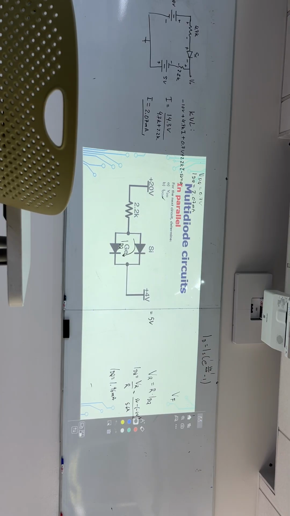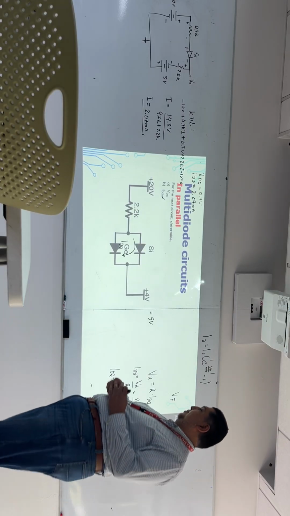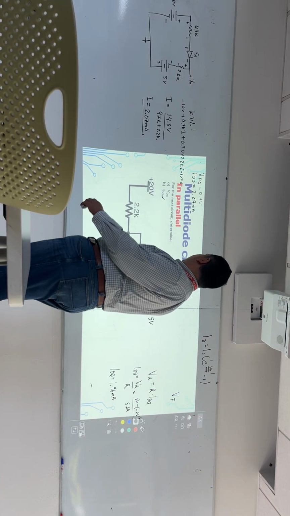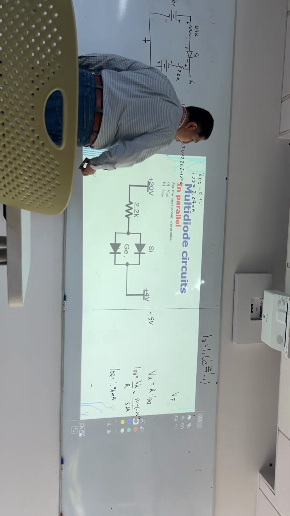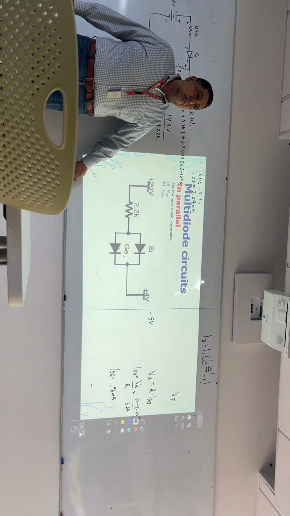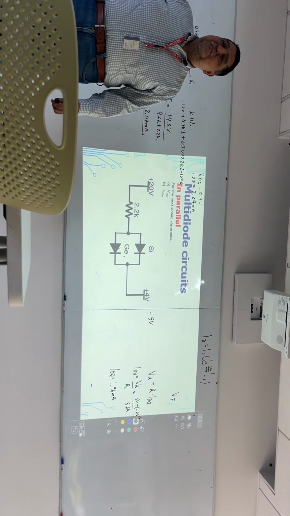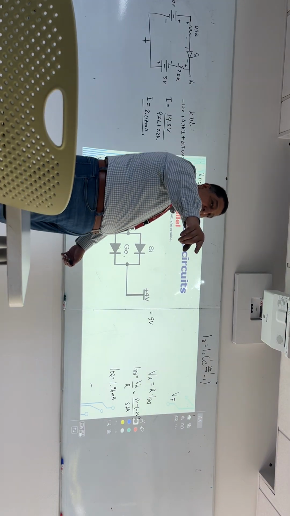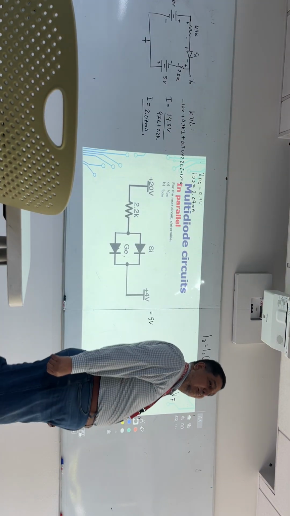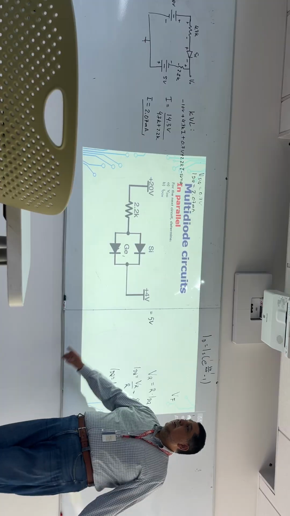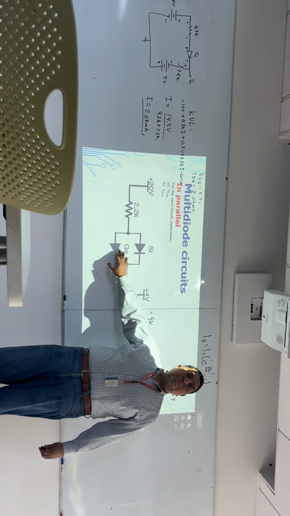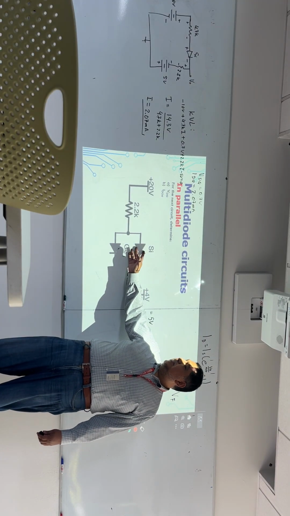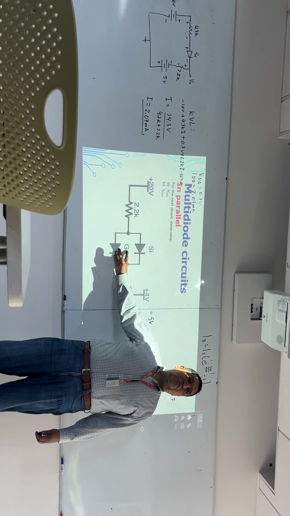You have 10 seconds to tell me what is VD1. 1, 2, 3, 4, 5. No? 0.7? No? 0.3. Oh, yes, excellent. Why? They're in parallel. These two diodes are also in parallel, but just one of them is actually forward biased.